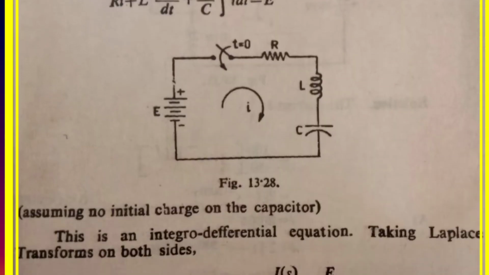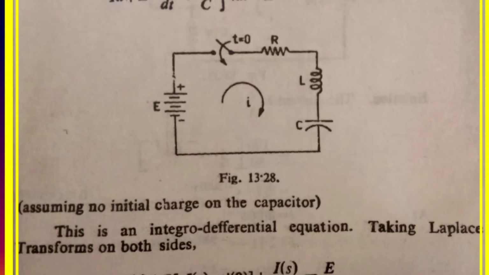Then we have to take Laplace on both sides. For the capacitor, the initial stored voltage is considered as 0 here.